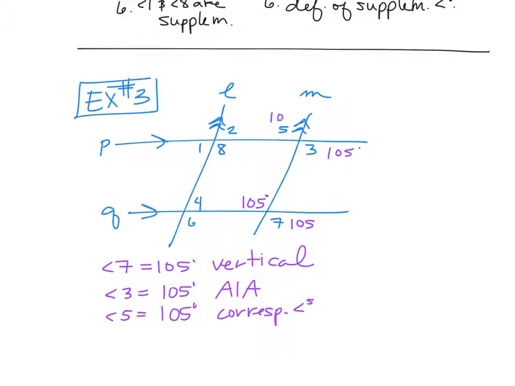So 5 is 105. What's angle 2? That one would be 75. Why is 2 75? Because it's a linear pair with things. It's not a linear pair with 5, because a linear pair has to have the same vertex, right? That is a same side interior angle with 5.